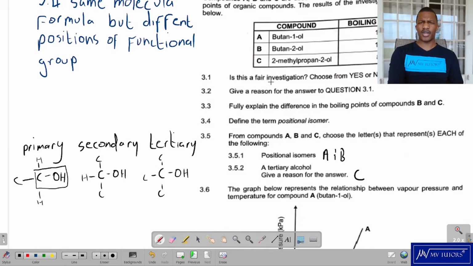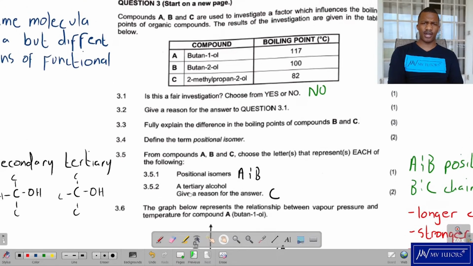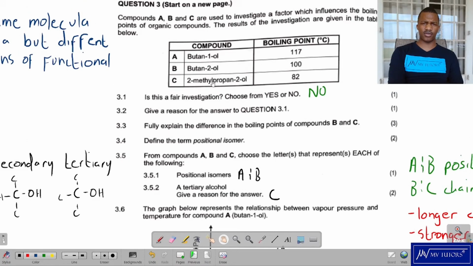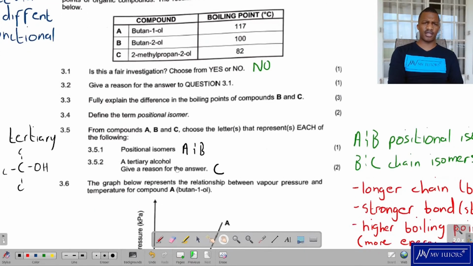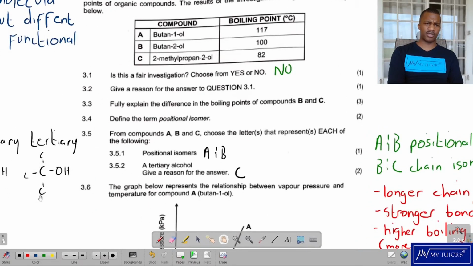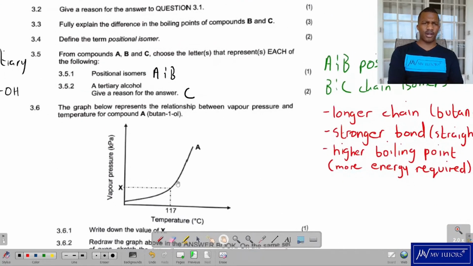Here we have 3 carbons because we have a methyl over here. So if you were to draw this out, you find that there are 3 carbons attached to the functional group of alcohol. That's it. All right, moving on.